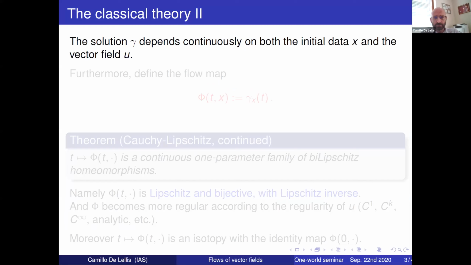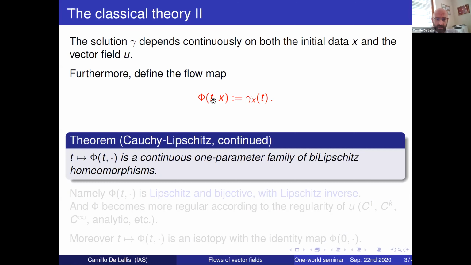But in fact, the theory tells you much more. The solution depends continuously on the initial data and on the vector field. If you build the flow map, this map phi of t and x, which tells you where the trajectory got you if you started at point x at time 0 and followed the solution of the ODE till the time t, then you get a one-parameter family of bi-Lipschitz homeomorphisms.